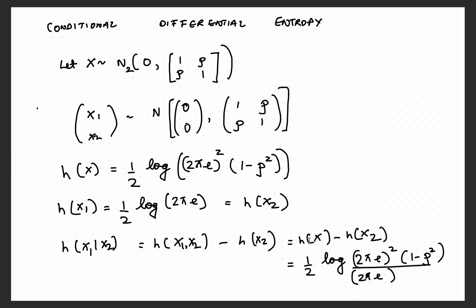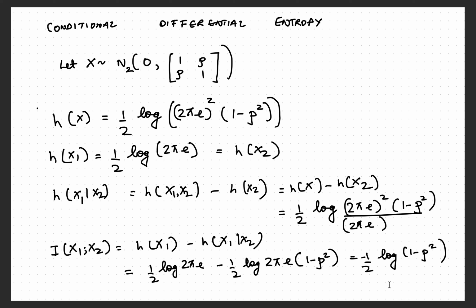So this can be written as h of x minus h of x2, so it's basically this expression minus this expression. So I'll write this as half of log 2 pi e whole squared 1 minus rho squared by 2 pi e. Again, I'm using the identity that log of a minus log of b is log of a by b.